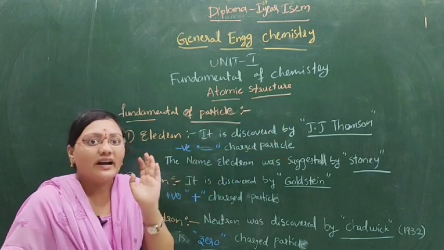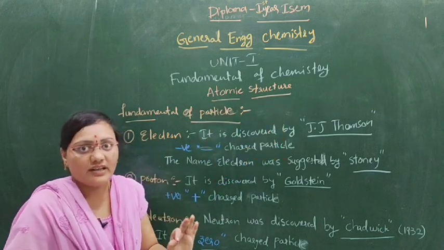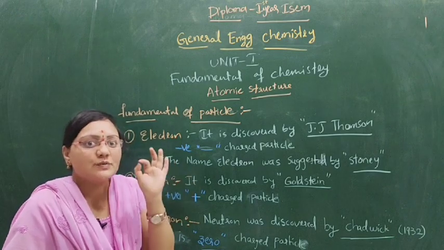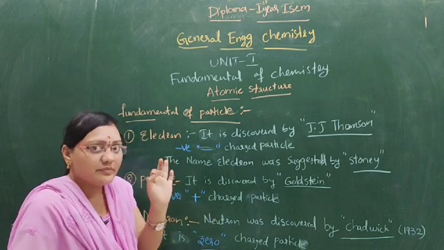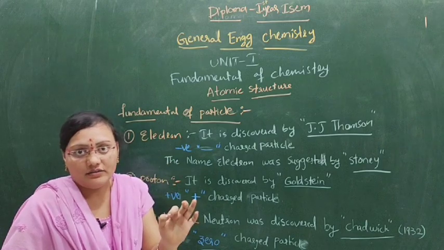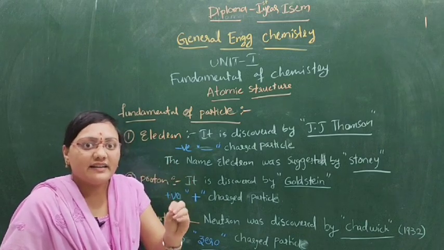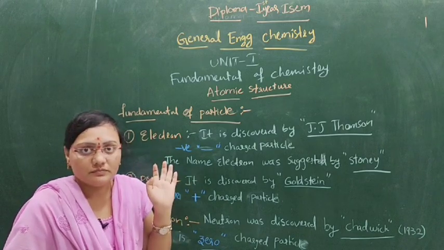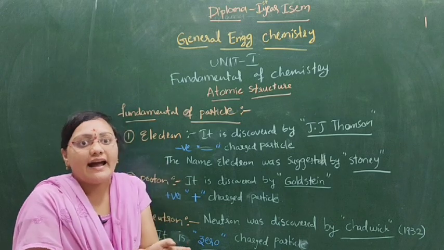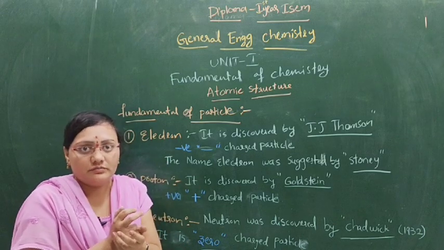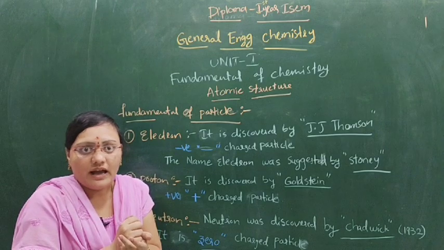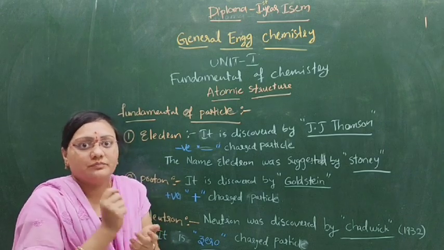Okay, what is an atom? The atom is a small particle, invisible. Atom is a Greek word, atomia. Atomia is the atom.